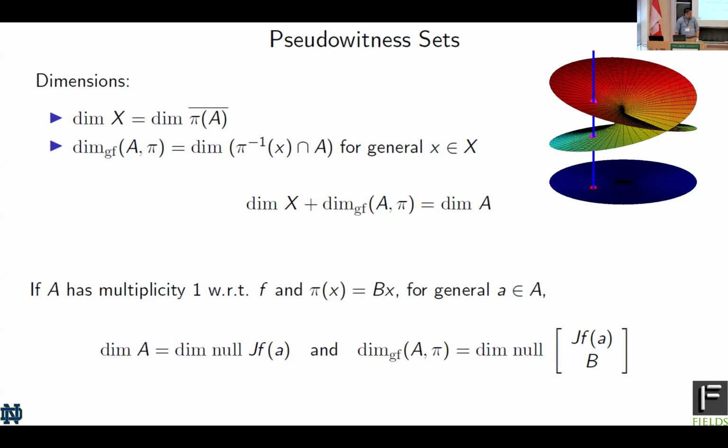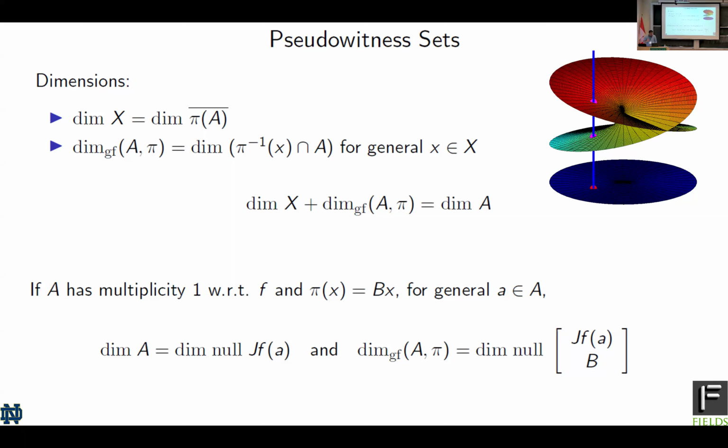The dimension of the null space is exactly the dimension of your variety. Your projection has this matrix B. You append that to the bottom, and now you get the dimension of the null space of that matrix. That tells you the dimension of the general fiber. And then, of course, you use this formula above and subtract to get the dimension of the image.